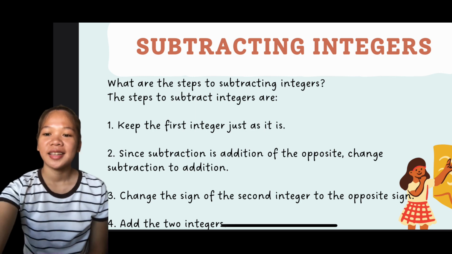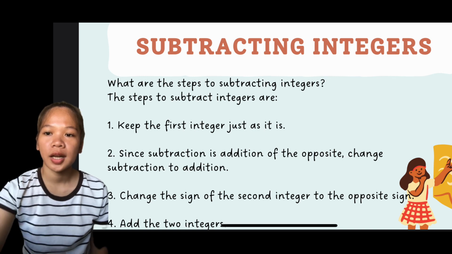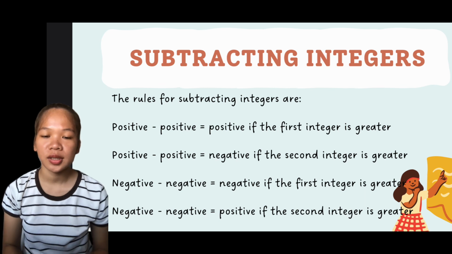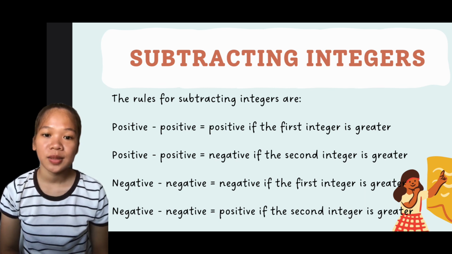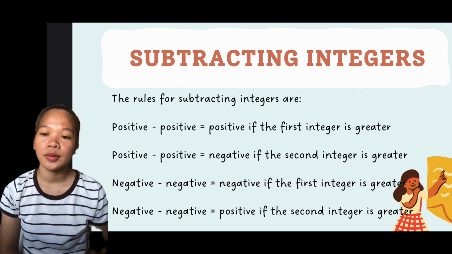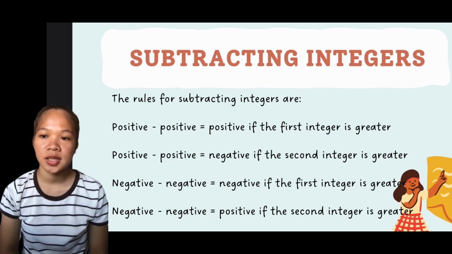So and then the second one is subtracting integers, the rules. So here, dito makikita na natin yung mga rules in subtracting integers. So here's the rule. So first rule is positive minus positive equals positive if the first integer is greater.